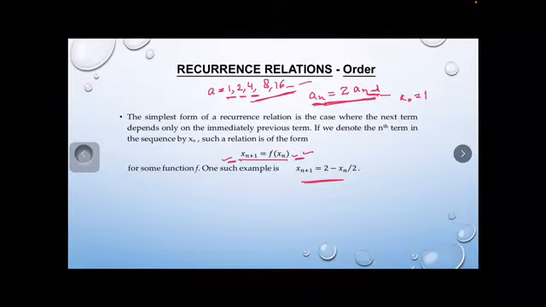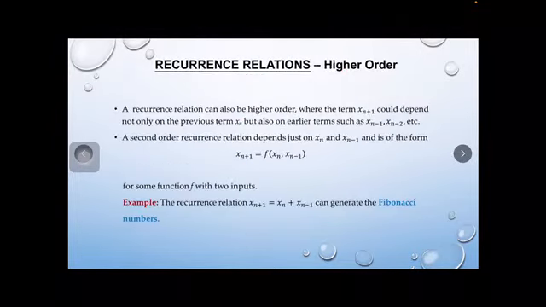Or in generalized form, a recurrence relation can also be higher order, where the term xn plus 1 could depend not only on the previous term but also on earlier terms like xn minus 1, xn minus 2, etc.